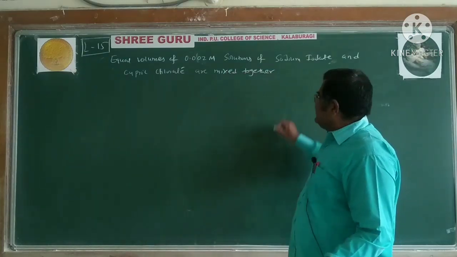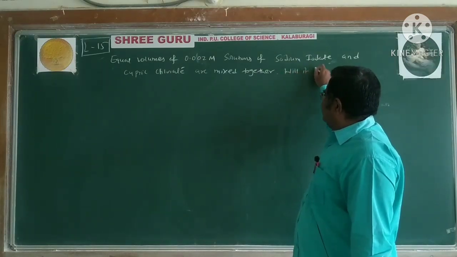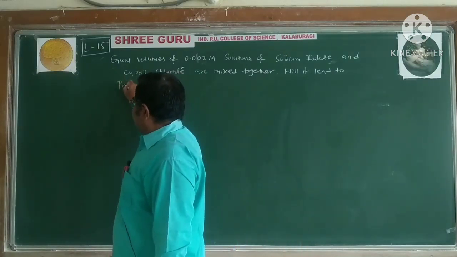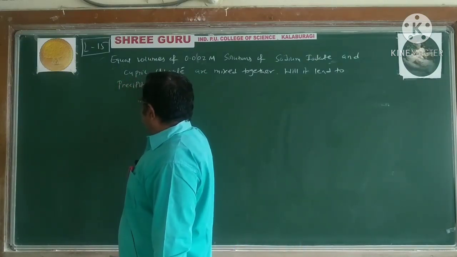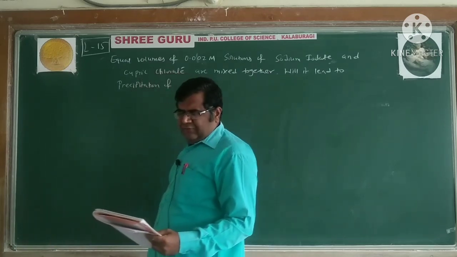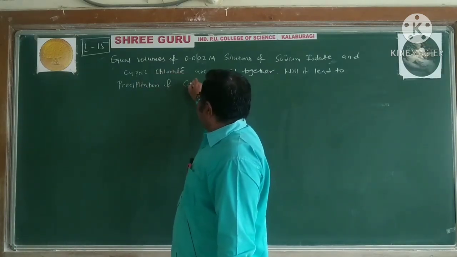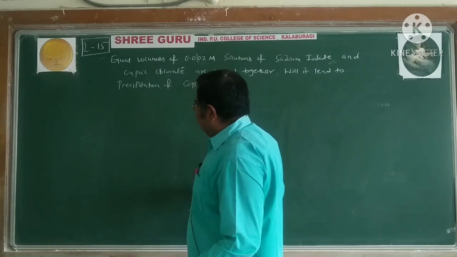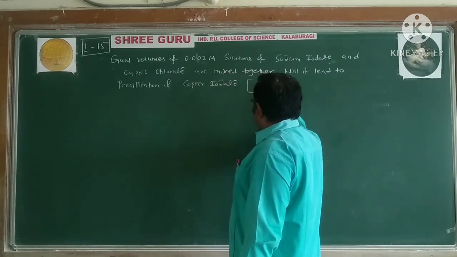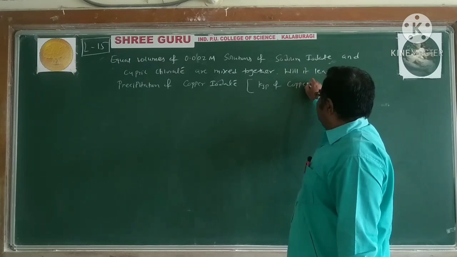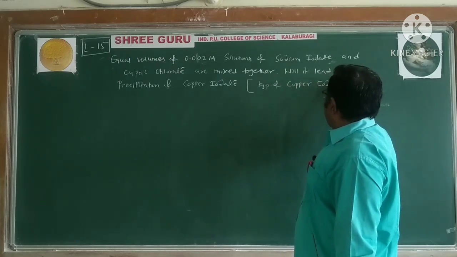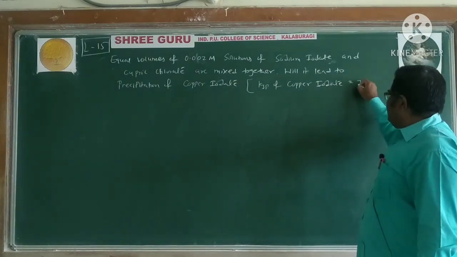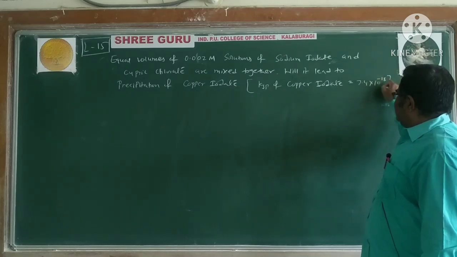Will it lead to precipitation of copper iodate? KSP of copper iodate is equal to 7.4 into 10 raised to minus 8.